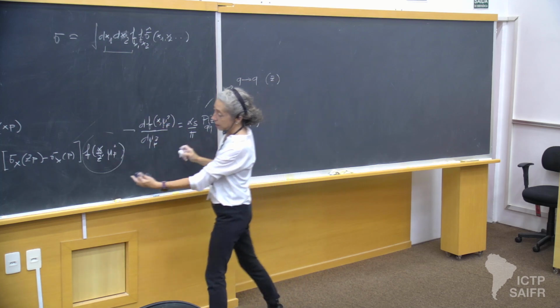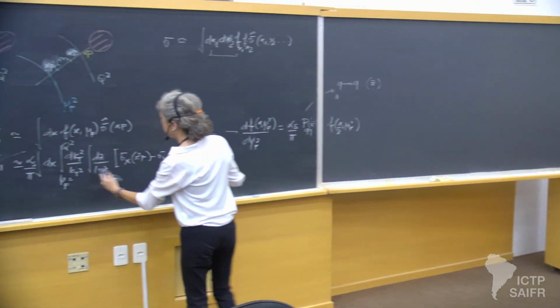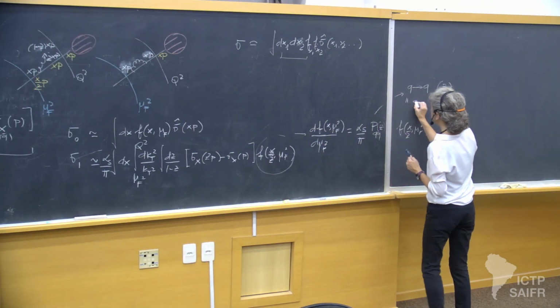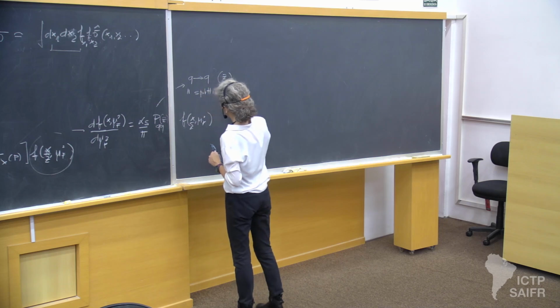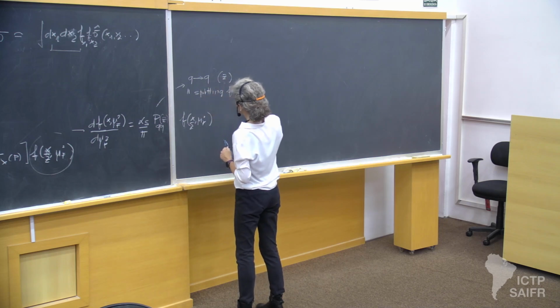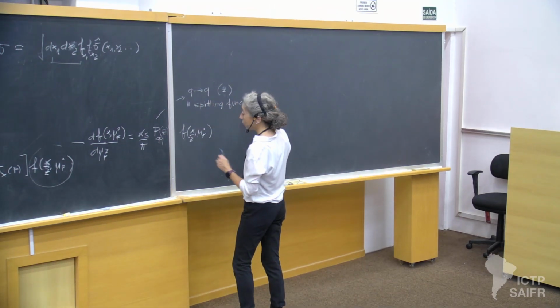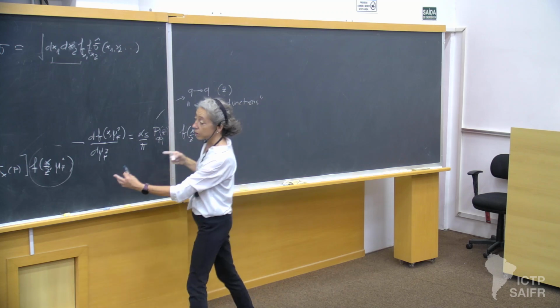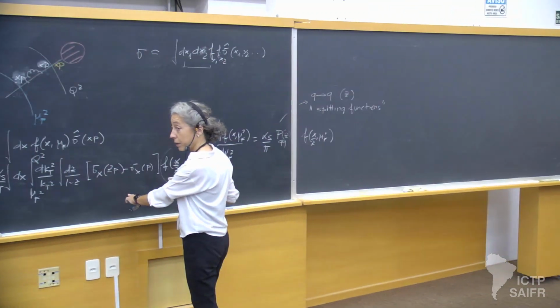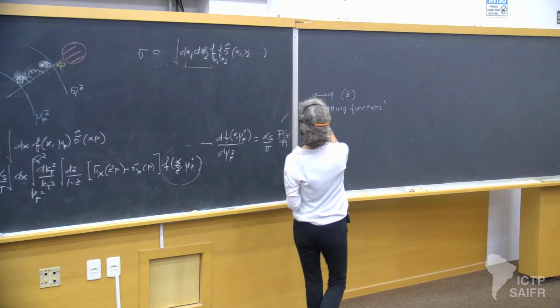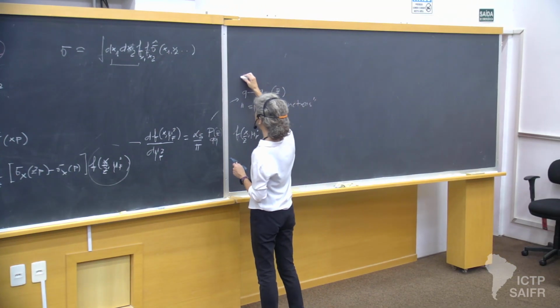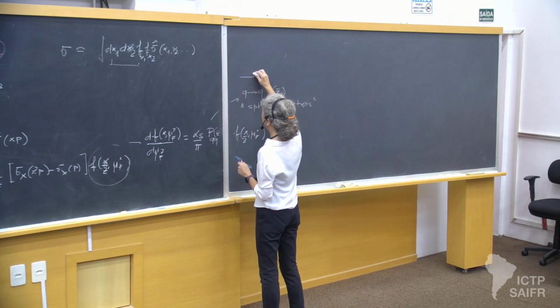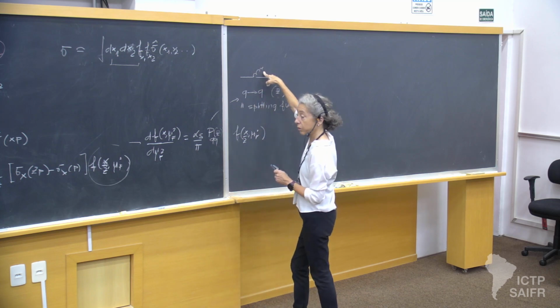These functions that are obtained from this integration that I've written here are called splitting functions. And of course, you have splitting functions that in our case have been calculated at order alpha s and have been calculated for the case of a quark going into a quark. So this gives you the dynamics of a quark transforming into another quark with the emission of a gluon.